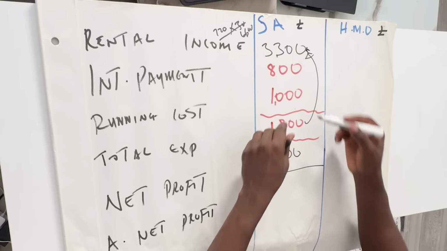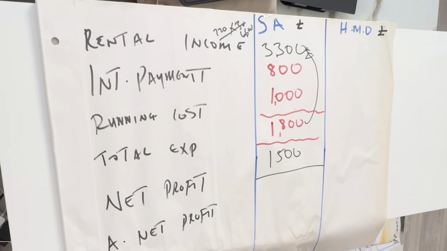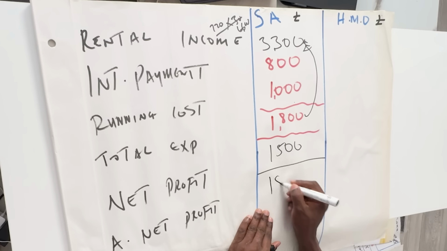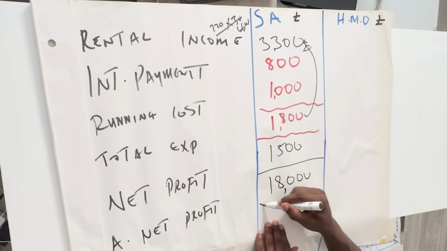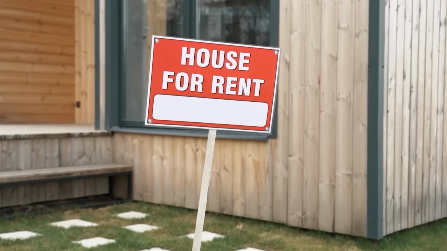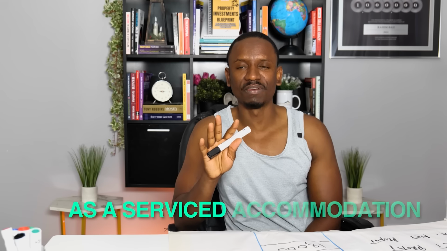A net profit is your revenue, which is our rental income here, minus all the expenses to keep the property going, and that gives you your net profit. Suppose you're making that money every single month at £1,500. You're talking about £18,000 every single year for renting the property as a serviced accommodation.